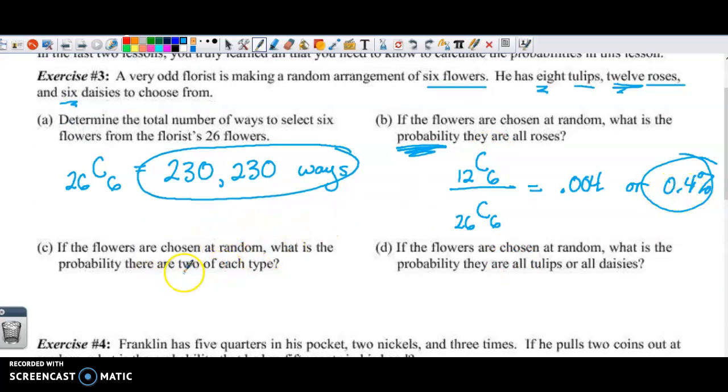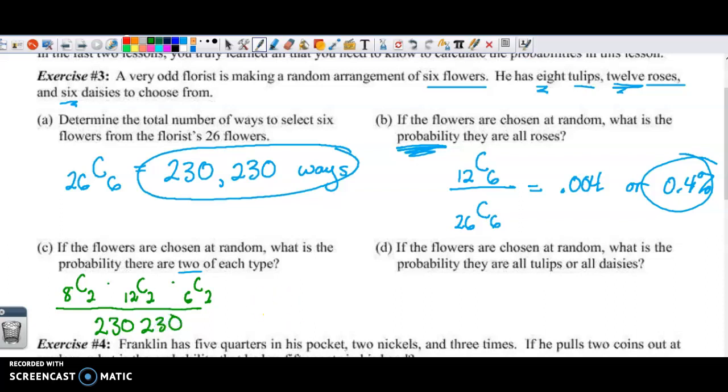What about if there are 2 of each type? So what that means is that we have 8 tulips to choose 2, 12 roses to choose 2, and 6 daisies to choose 2. And it's the fundamental counting principle, so we're going to multiply those together, all over, because we're doing probability, the total that we want.